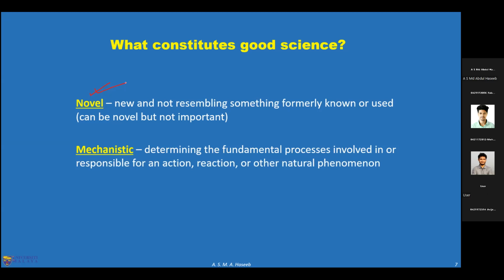So you have to give those kind of explanation based on the fundamentals, based on the first principles, based on the theory. So if you can have both novelty and in-depth mechanistic discussion of the phenomena that you have discovered, then I think that will be considered as good science.